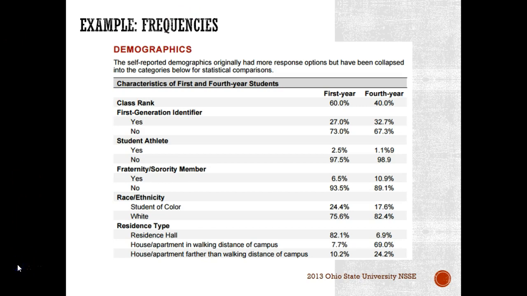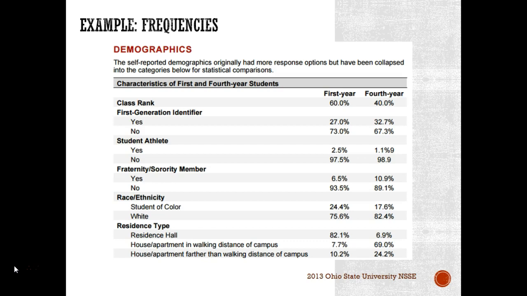So now that we've seen a few examples of measures of central tendency, like the mean, median, and mode, we're going to get into an example or two here of frequencies. This comes from a report based on data from the National Survey of Student Engagement that was administered at The Ohio State University in 2013. And here it gives a nice, pretty easy to read view of the first year respondents and the fourth year respondents of this particular survey at Ohio State.